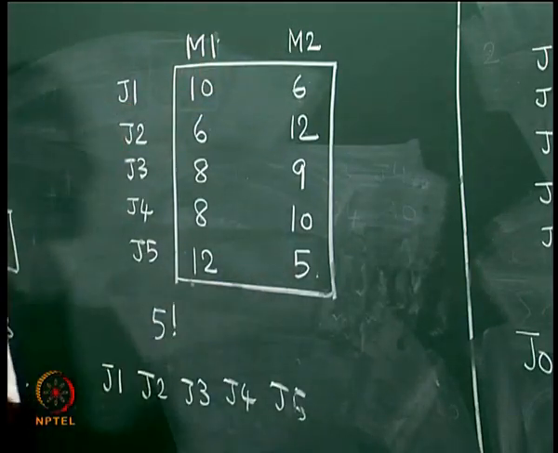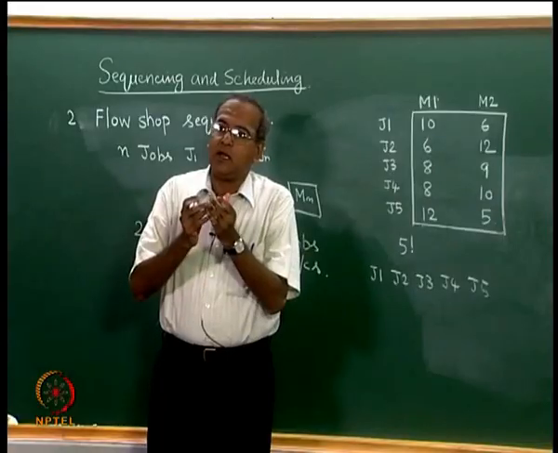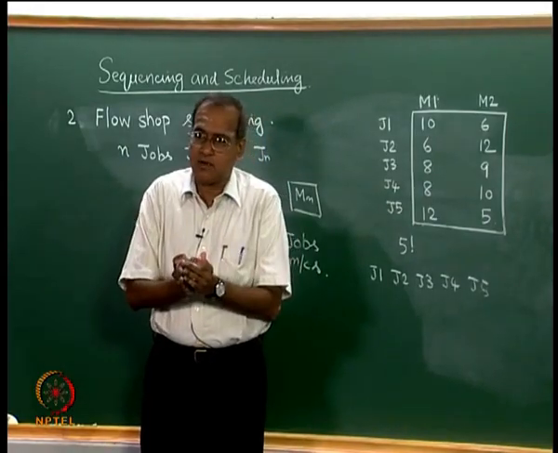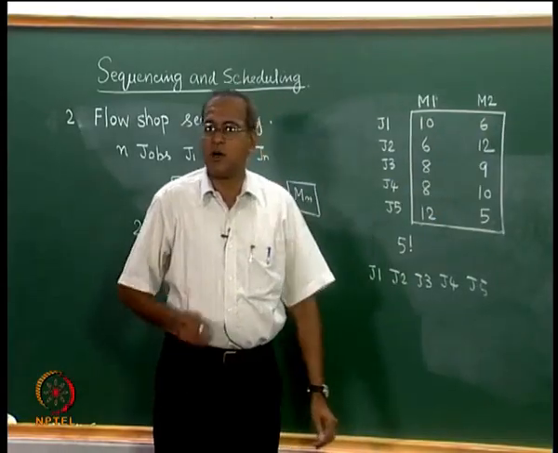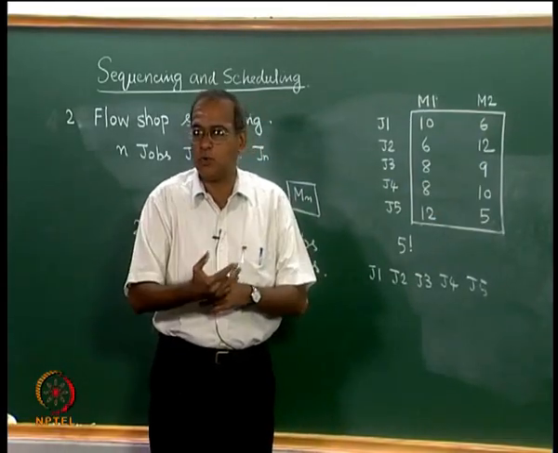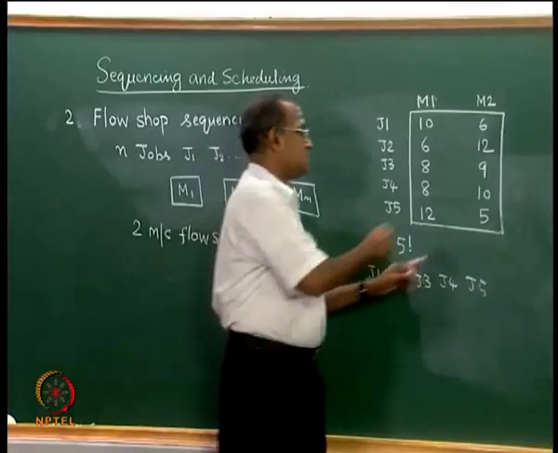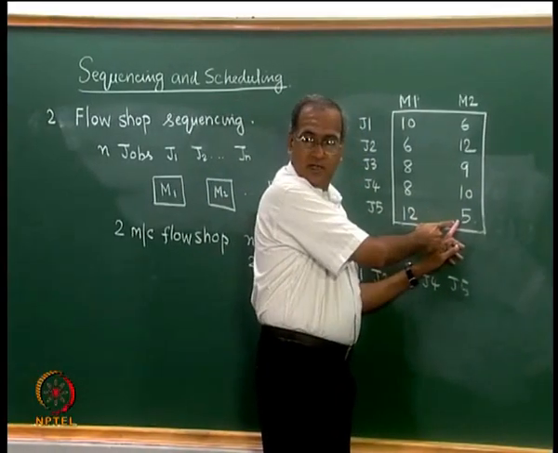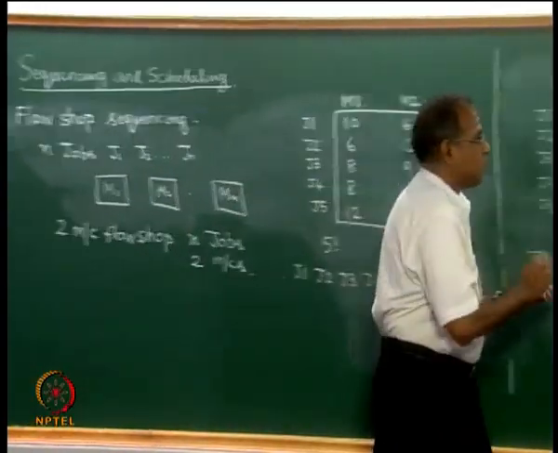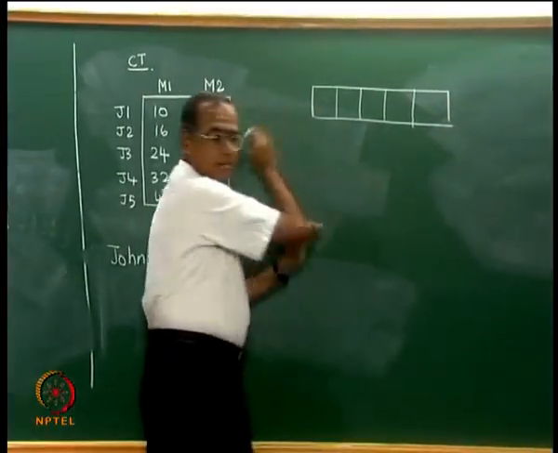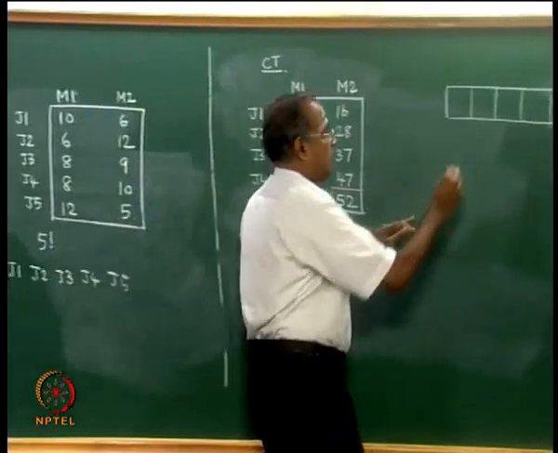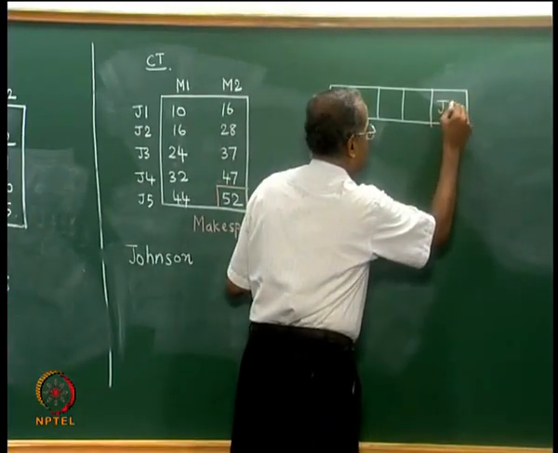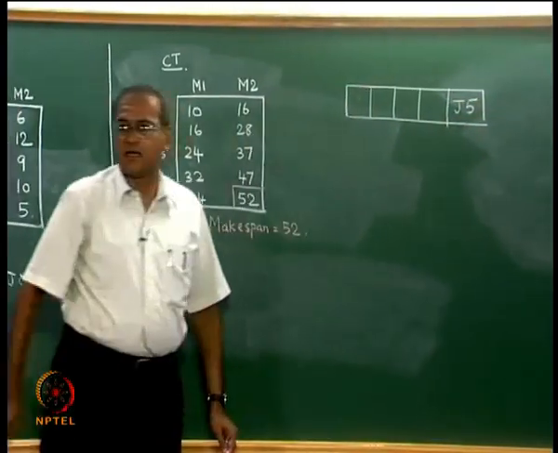The rule says, if the smallest number is on M1, then come from the left, and if the smallest number is on M2, come from the right. So, the smallest number, which is 5, is on M2. So, we come from the right in this table, and since that happens for J5, we write J5 here as the last job.